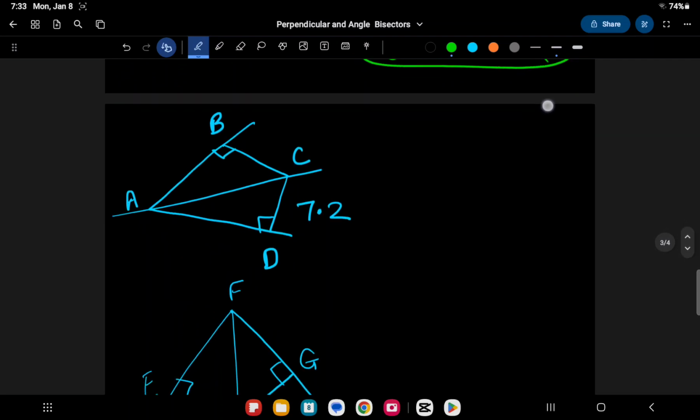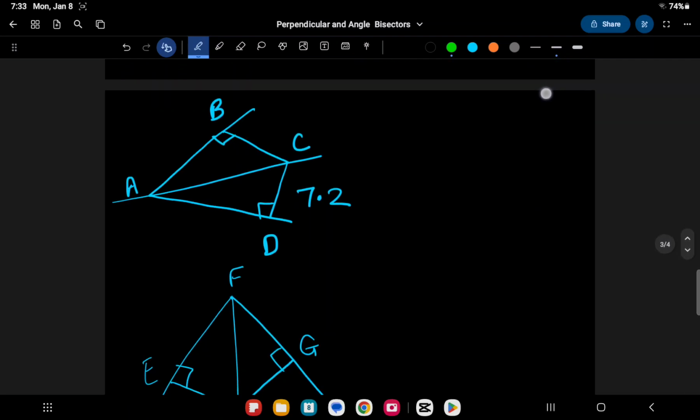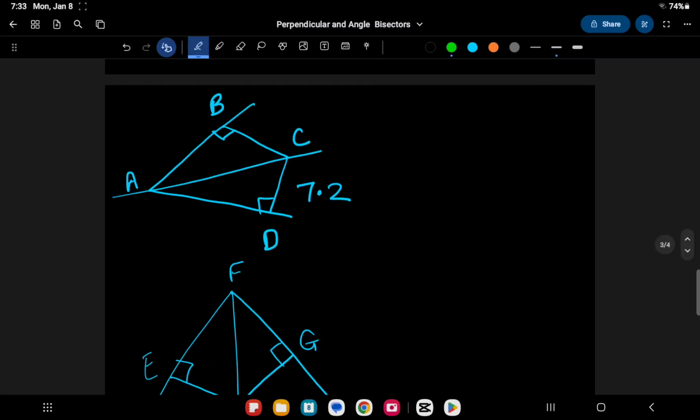Okay, here's another example, but in this case we're looking at the angle bisector. Again, it's the same idea. Bisect means to cut into two equal pieces, and we're bisecting an angle. So your angle is ABC.